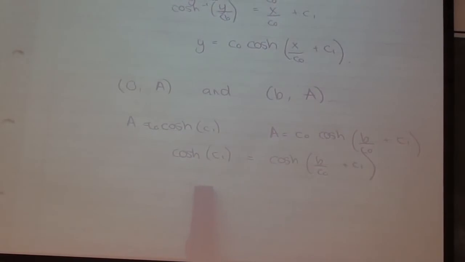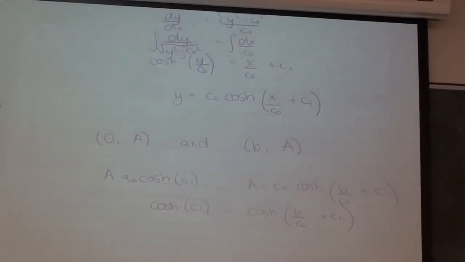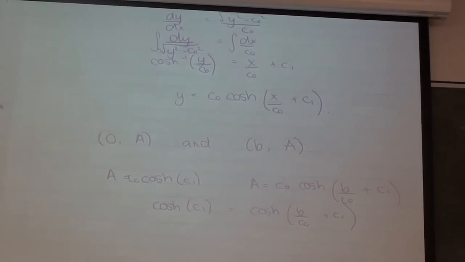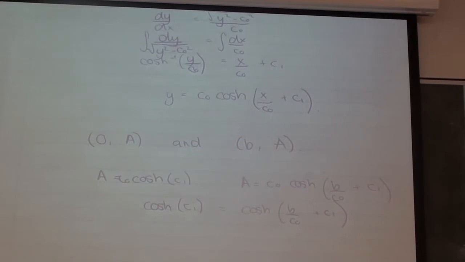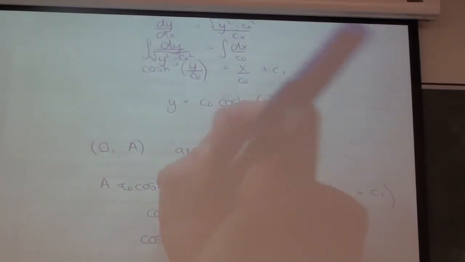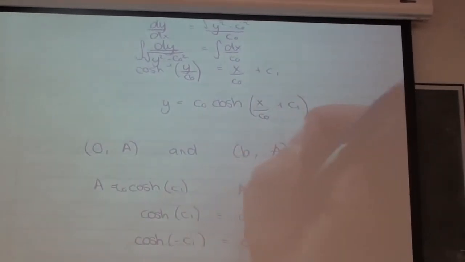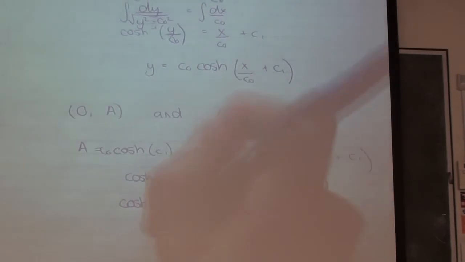If we just take the inverse of both sides of the equation, we get a trivial solution where b equals 0. So I'm going to use the symmetrical properties of the cosh curve to say that cosh C1 is also equal to cosh negative C1. And now we can take the inverse cosh of both sides.